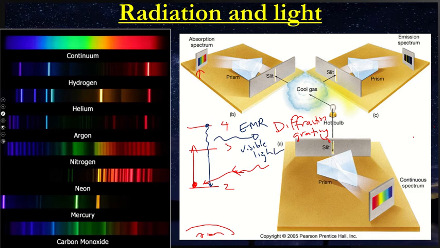What you see on the right here, all the different spectra, are the wavelengths of light that hydrogen, helium, and argon would release when the electrons go from a higher energy state to a lower energy state.